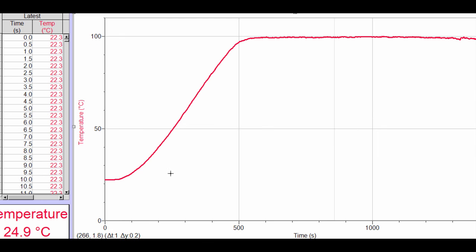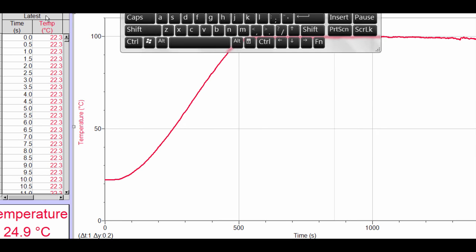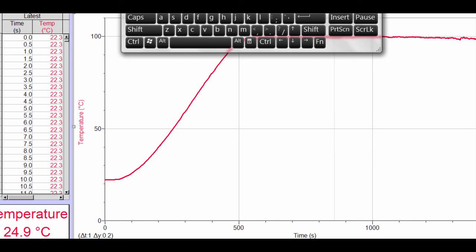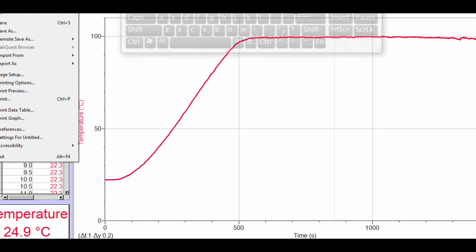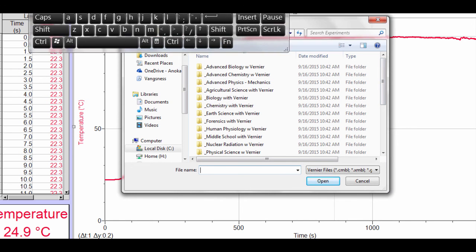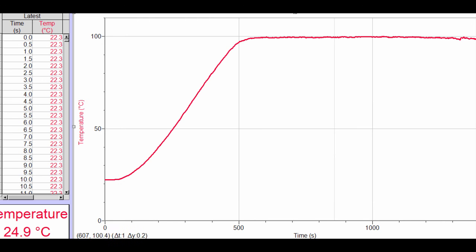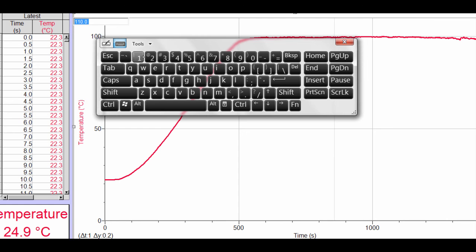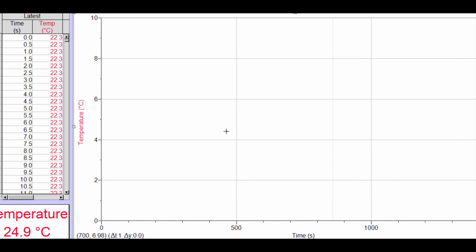The lab we used it on might have looked something like this. And I'm going to go ahead and do a new file. So let's do a new experiment. Let's do this. I'm going to start this at about 10.